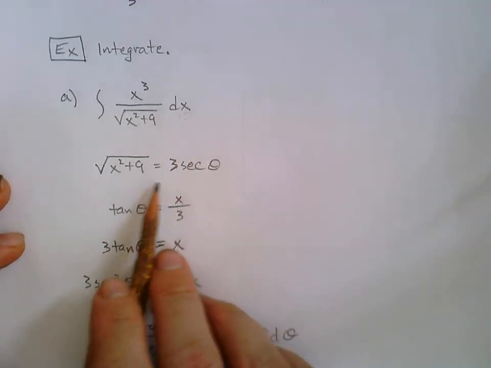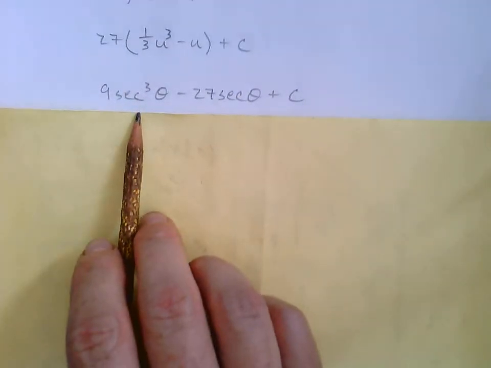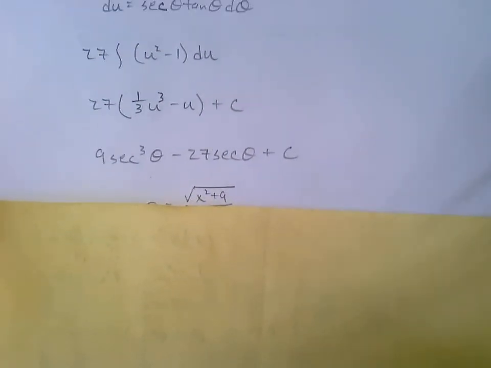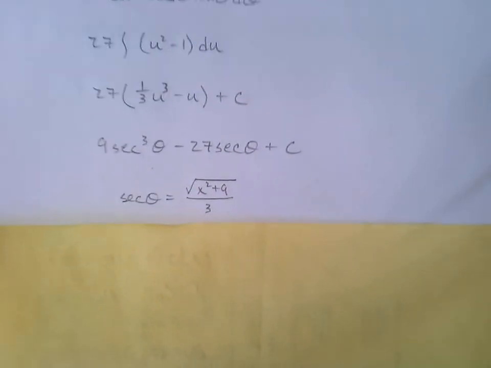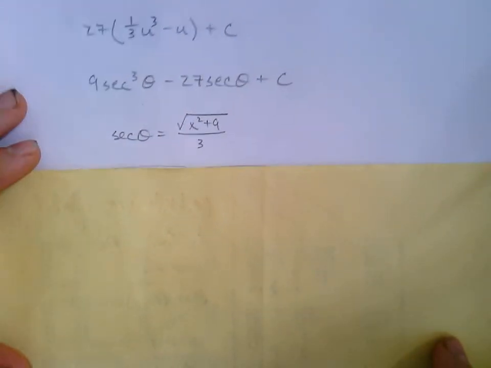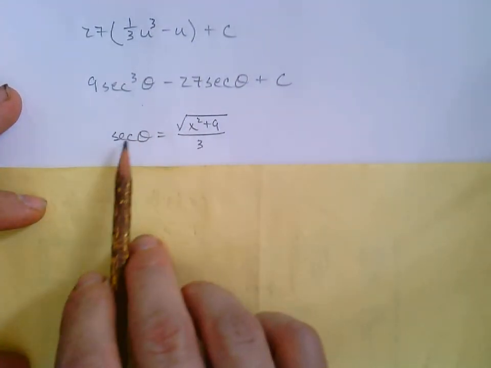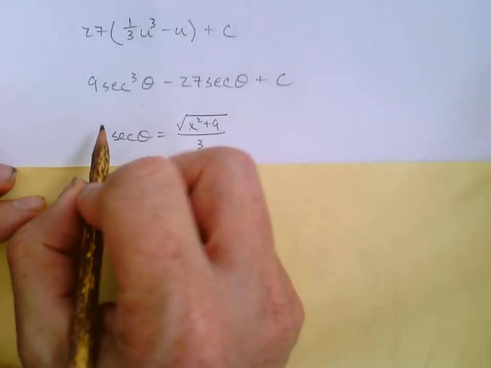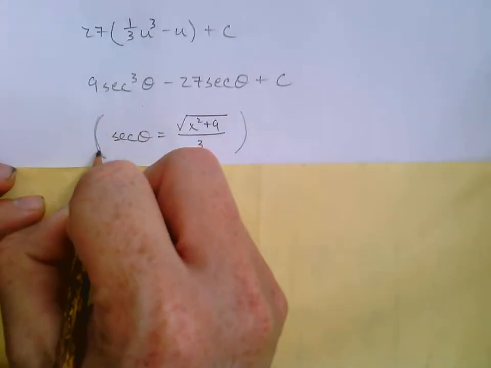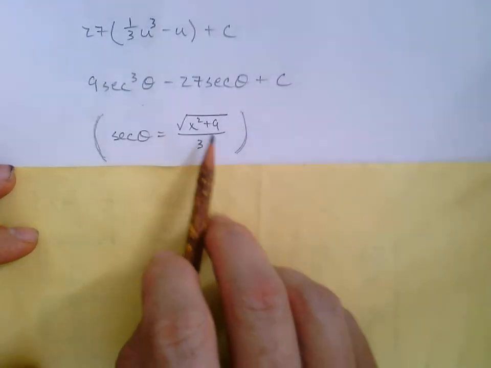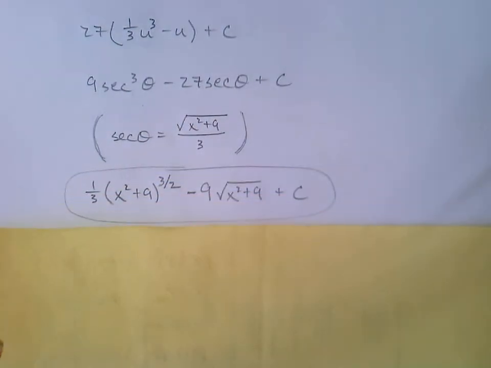So we can divide that 3 over and then replace our secant thetas. This is what we had done earlier, so remember this? Okay, so that can go into both. And I just went ahead and did the whole thing from this point.